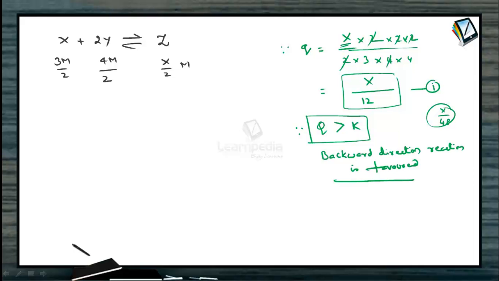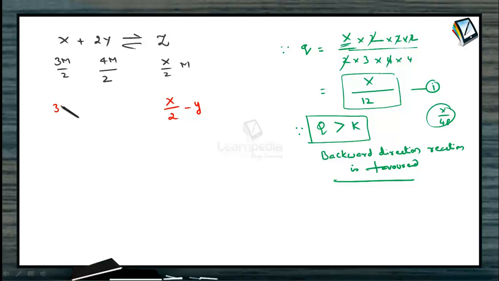Let us now assume that because of this shift in the equilibrium to the left hand side, that is the backward direction, y molar concentration of Z reacts to give X and Y, so that the concentration of Z at the new equilibrium becomes x by 2 minus y. As y parts of Z reacted, we get y parts of X because the stoichiometric coefficients of Z and X are the same.